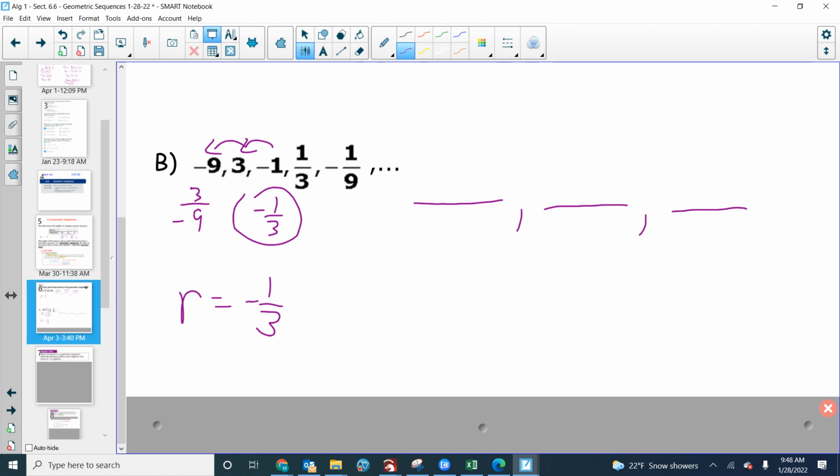No. You know it's going to be this. Don't mess with your numerator. All we have to do is multiply -9 by what? -3. What's -9 times -3, guys? And that's a fraction. 1/27th is my next number.